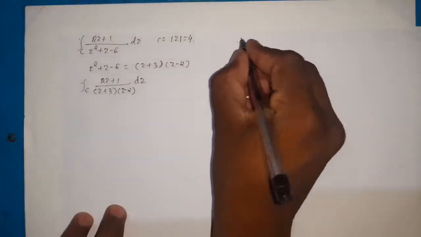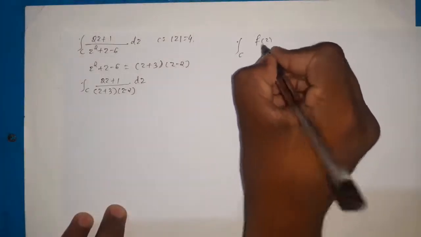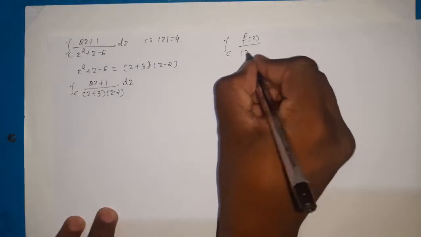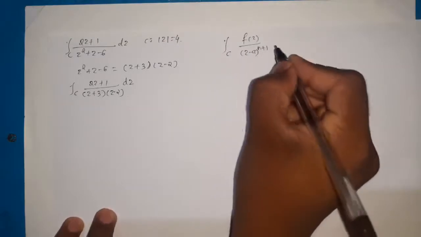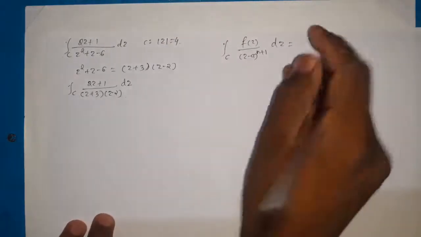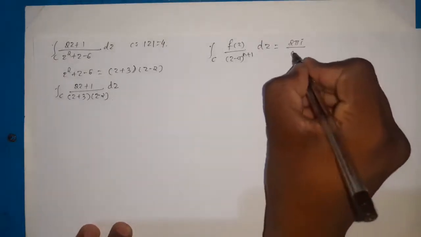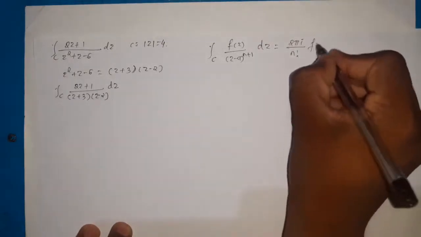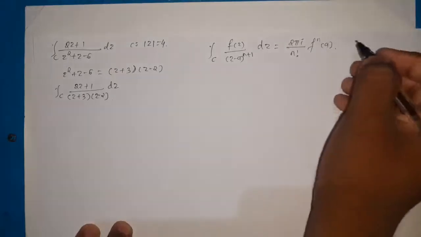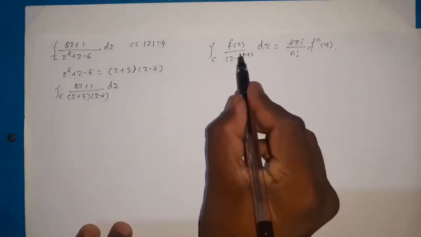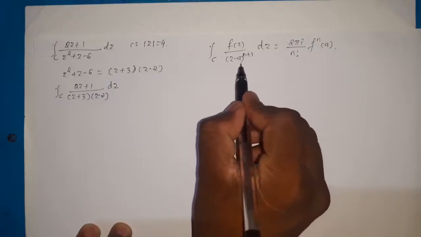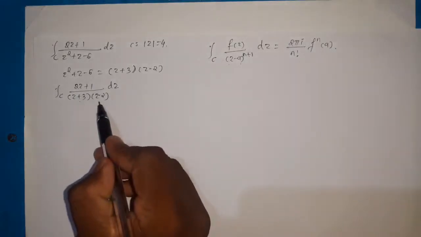Because here integration over c f of z divided by (z minus a) to the power n plus 1 dz is equal to 2 pi i divided by n factorial times f to the power n of a. So here in the denominator there is only one factor, but here we have two factors.